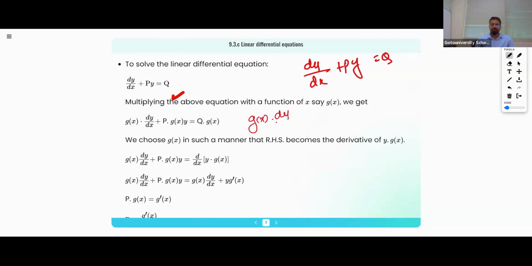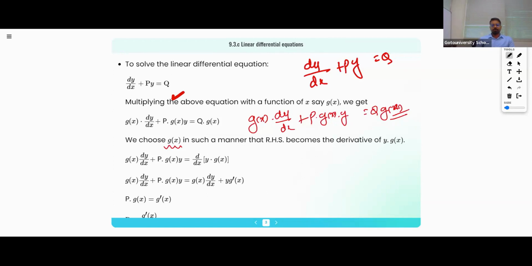So when you multiply, what you get is dy by dx plus p into g of x into y is equal to q into g of x. What is the g of x? We have to choose this g of x in such a manner that LHS becomes RHS. Okay, so we cannot randomly choose any. That is the biggest task, but there is a shortcut for us.